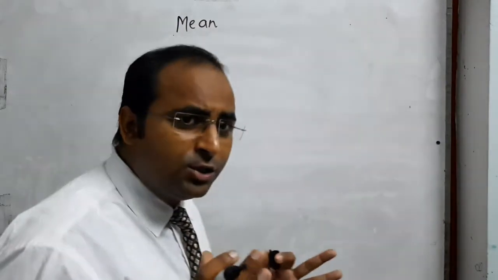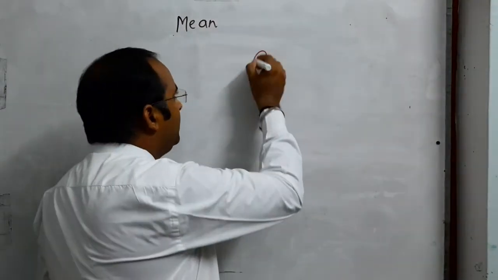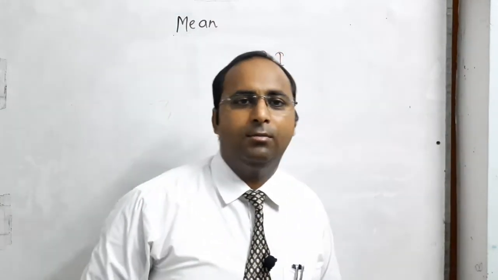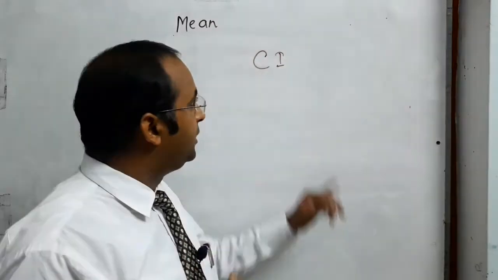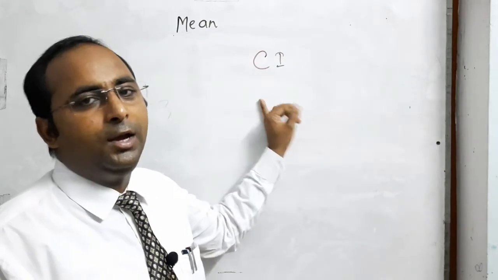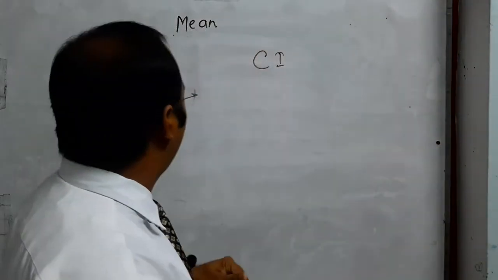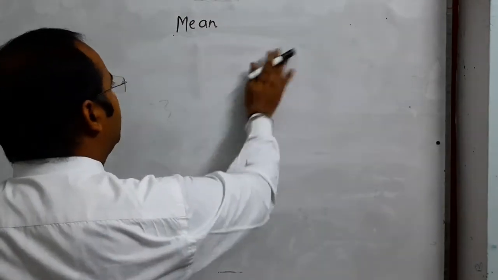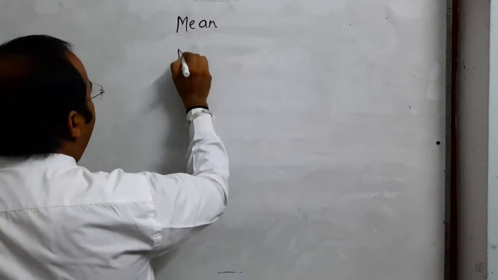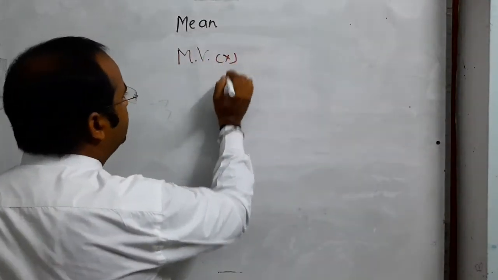That is the recognition: class interval is given in a continuous series. Okay student, now what do you do first? First you have to calculate the mid value, that is x.